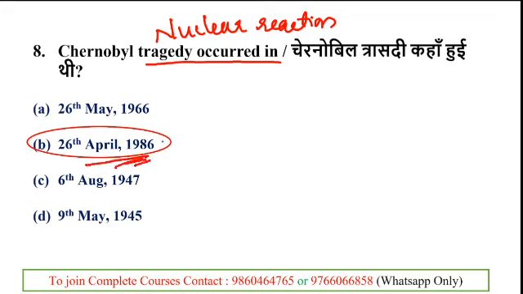You can get a question from the Chernobyl tragedy or any other disaster related to the environment, like the Bhopal gas tragedy or Three Mile Island, etc. A match the following question can also come from here. So study the question well, and you can see the table in the next slide.